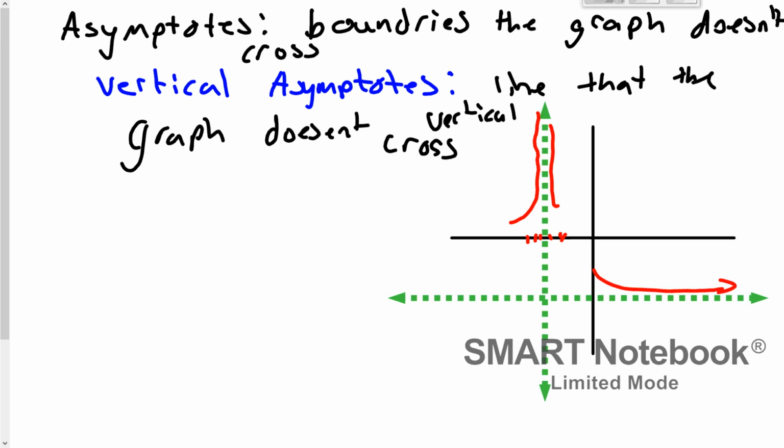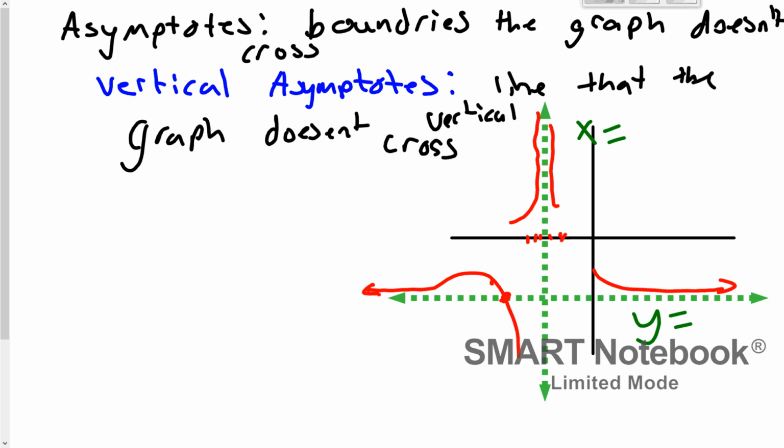Sometimes it might cross it once at this spot, but then it comes back around and doesn't cross it on this side. But vertical ones will never be crossed, because that makes our denominator 0. So vertical ones are x equals, and horizontal ones are y equals.